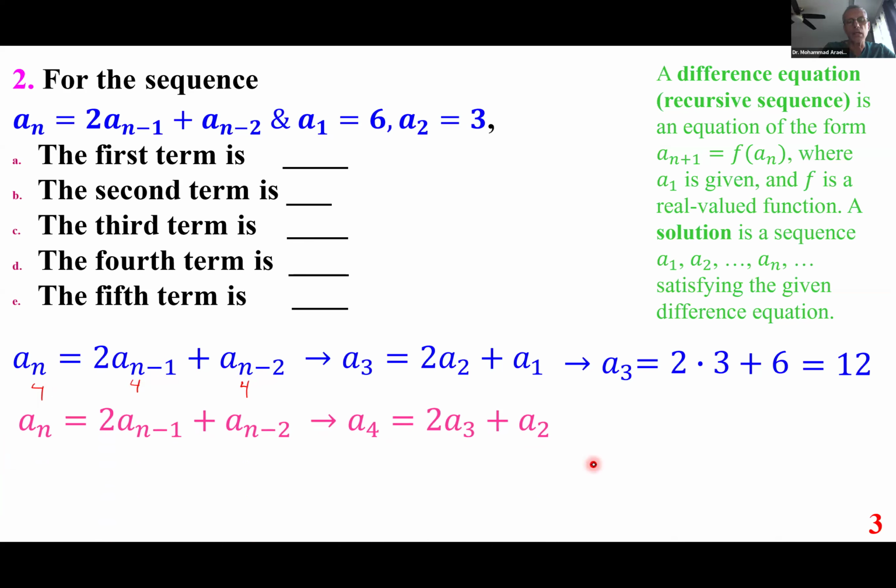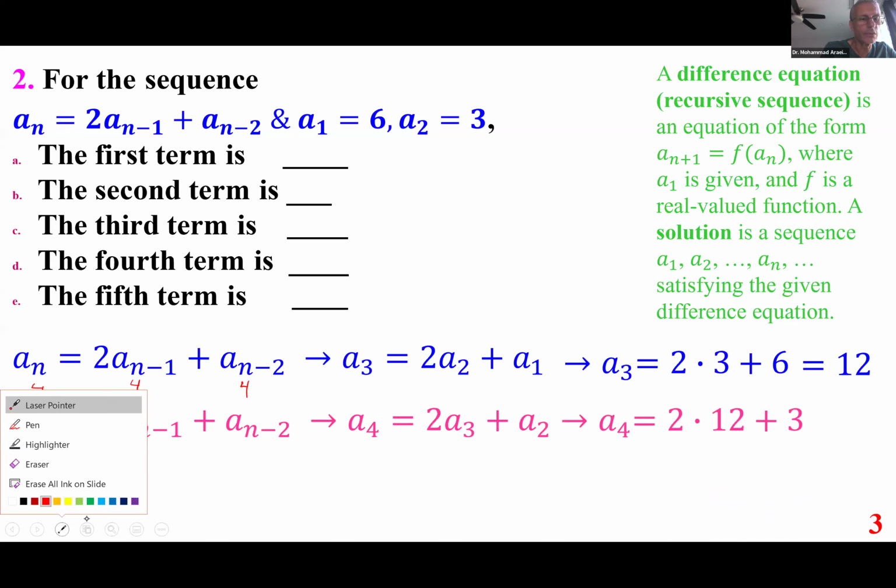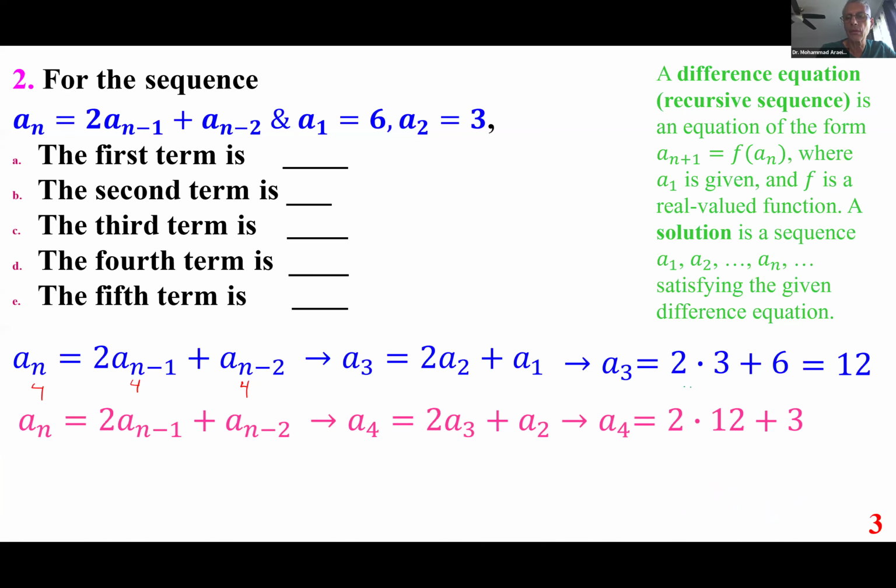Which makes A sub 4 equals 2 times A sub 3, which is 12, plus A sub 2, which is 3. And we get 24 plus 3 is 27.